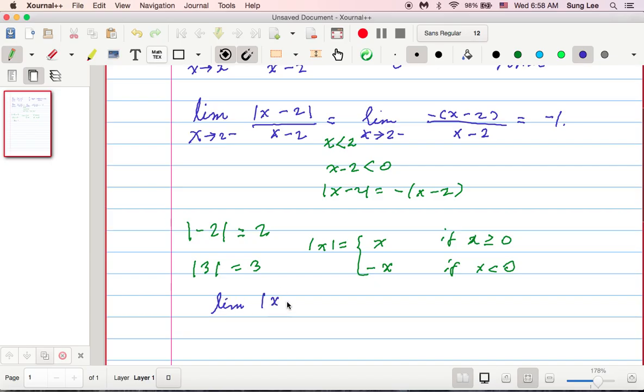of the absolute value of x minus 2 over x minus 2, when x approaches 2 from the right side, right? So we do the same game. In this case, x is greater than 2, so x minus 2 is greater than 0.